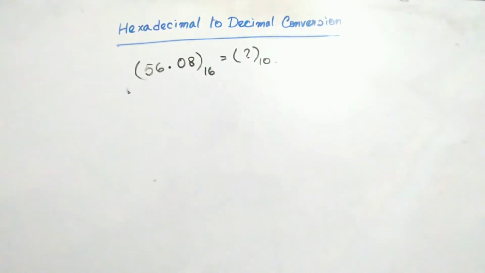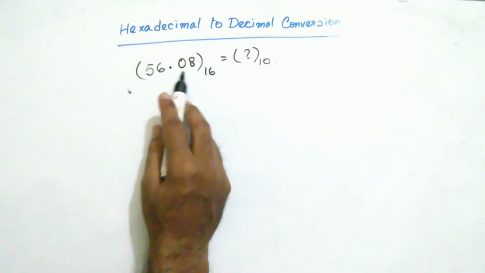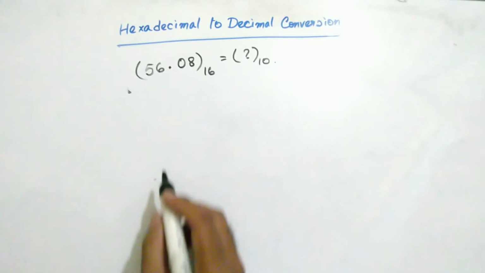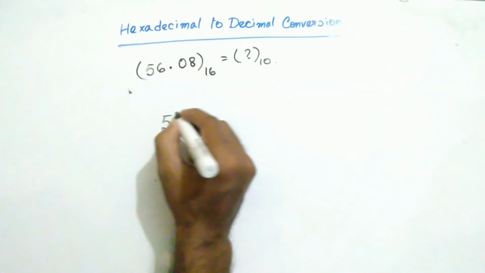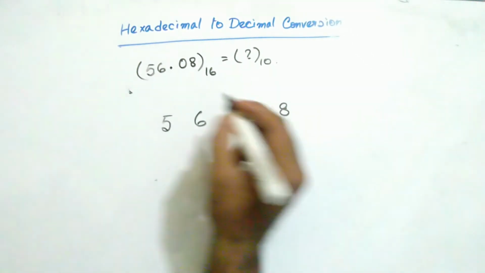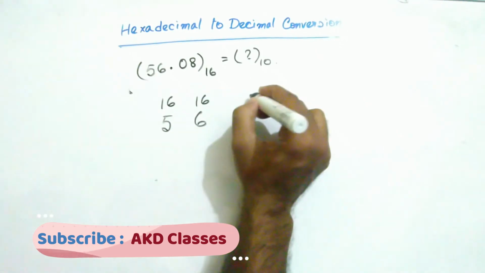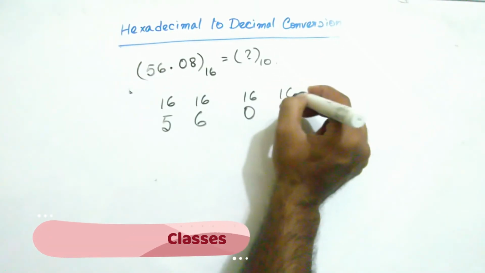Moving on to our next example, we have been given the hexadecimal number 56.08. This can also be converted. Just write down the digits 5, 6, 0 and 8, and write down their positional weightages.